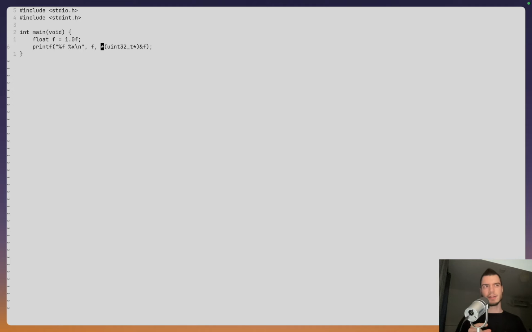And you are allowed to cast pointers to structs if those structs have common elements, like they start with the same elements. But neither of those are the case here. We're taking a floating point pointer and an integer pointer, and those types are not compatible in this way.